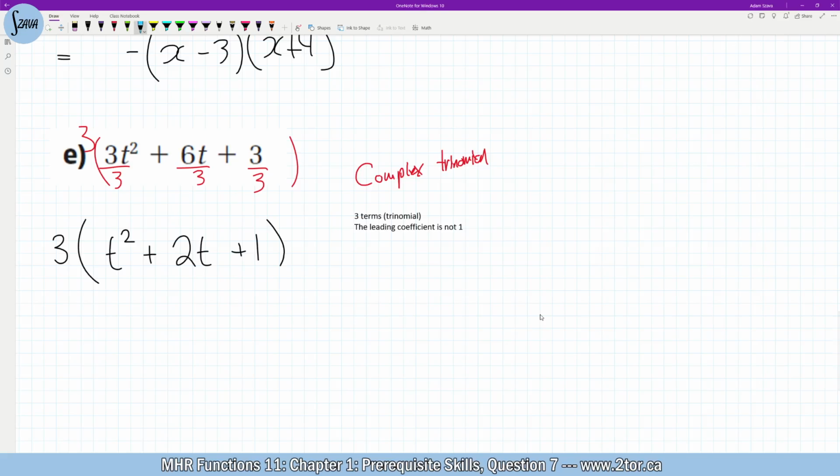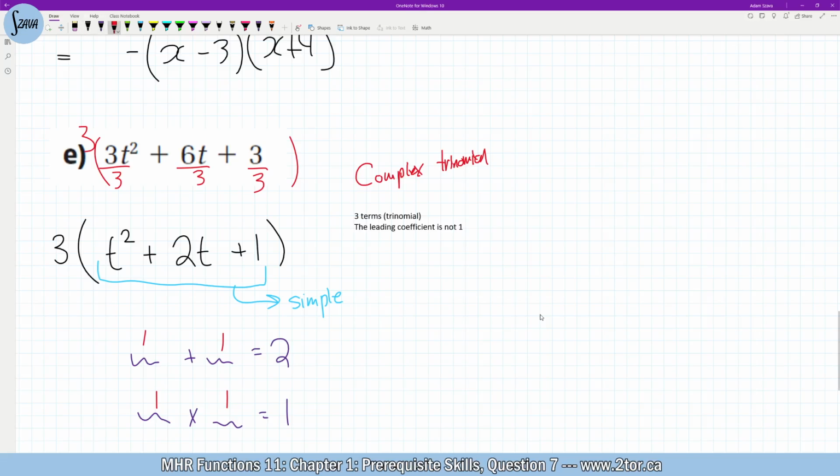Once again, this is a simple trinomial, right? And we can factor this as a simple trinomial, looking for 2 numbers which add to 2, but multiply to 1. And this one's not too hard, 1 and 1.